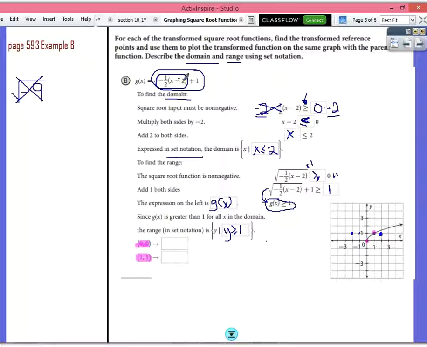Then we subtract by 2 inside, which will move it right 2 units. And then the outside addition by 1 will move it up 1 unit. So that point, after all those transformations are performed, is translated to the point 2, 0. And the other one was translated to the point 2, 1.